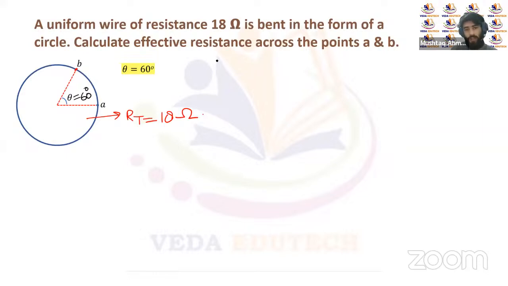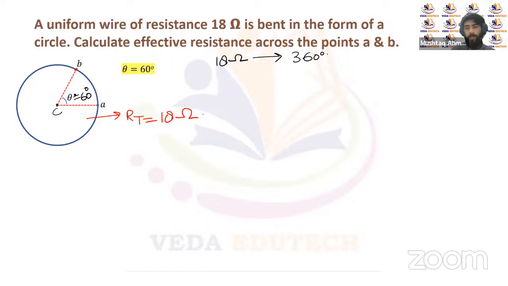It means that the 18 ohm has been distributed along the whole circumference of the circle, so 18 ohm resistance corresponds to 360 degrees of angle. We will calculate how much resistance there will be between points A and B, which subtends an angle of 60 degrees at the center of the circle, that's at point C.